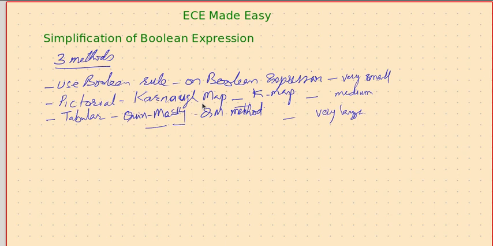Now let's get into the second method, that is the K map method, a pictorial way of solving problems. Then once we reach a problem where we can't proceed further, let us shift our attention towards the third method, the tabular method, the QM method.